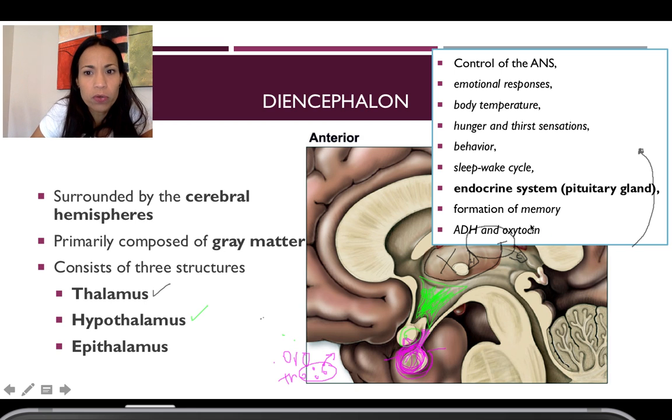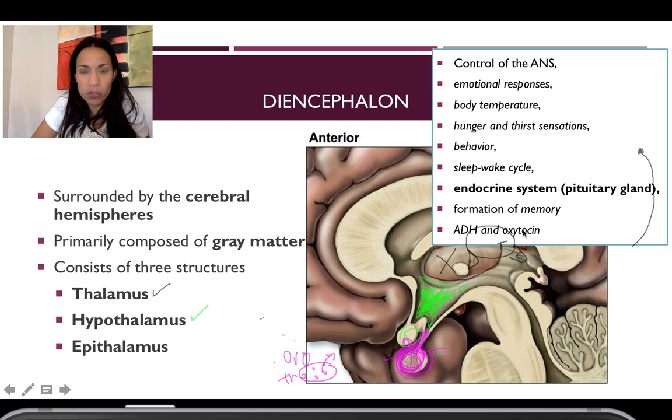ADH and oxytocin. It not only controls the release of hormones by the pituitary gland, but the hypothalamus itself produces hormones. ADH is antidiuretic hormone. It's the one that reabsorbs water, that keeps water in our organism.